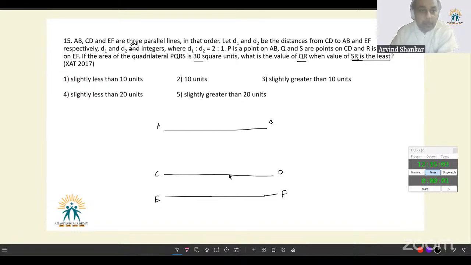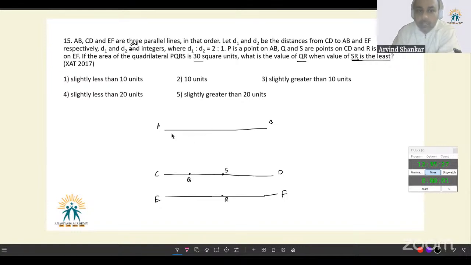So the best way to reduce the distance between S and R, S was a point on CD and R is a point on EF, is to take them perpendicularly right under each other. If this is S, this is R, and now I can take Q here. And in the same way, I can take P anywhere.